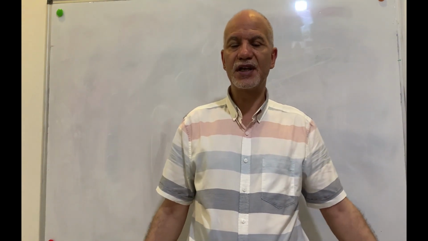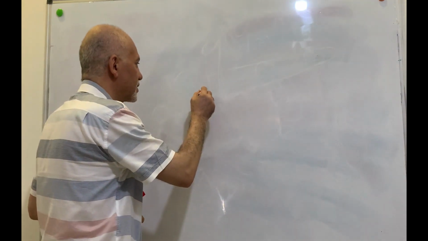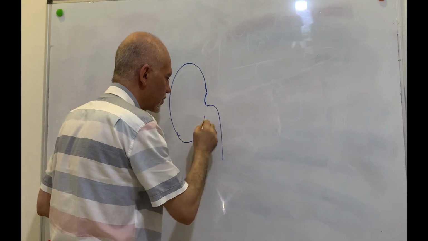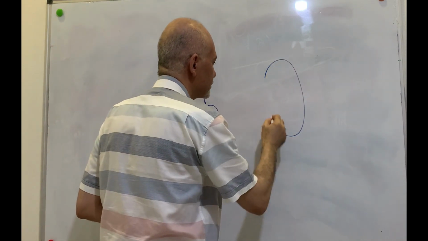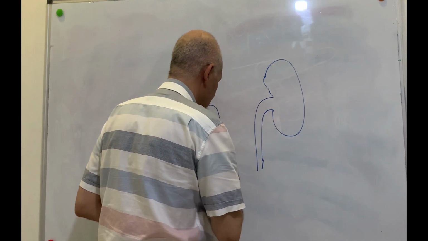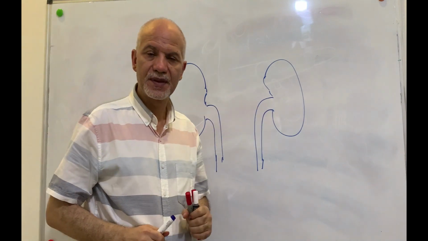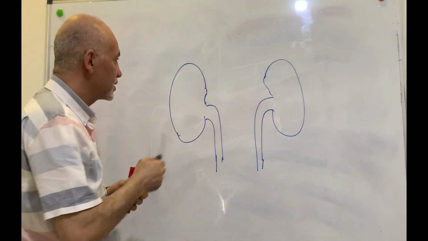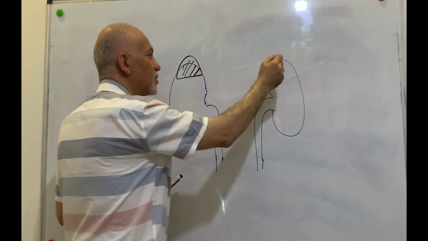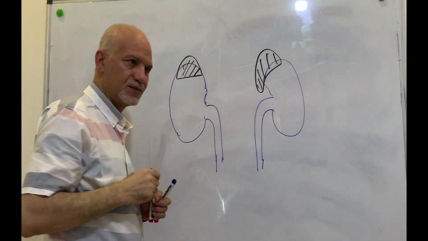Anatomy of the suprarenal gland. What is the suprarenal gland? Above each kidney, there are glands present here called suprarenal gland.